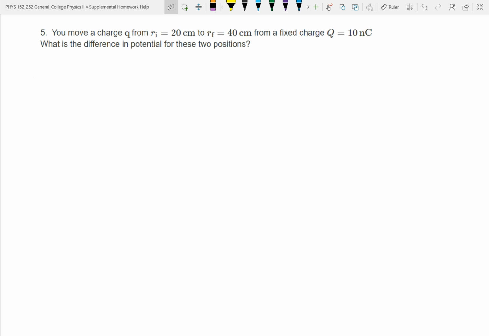What's the difference in potential for those two positions?